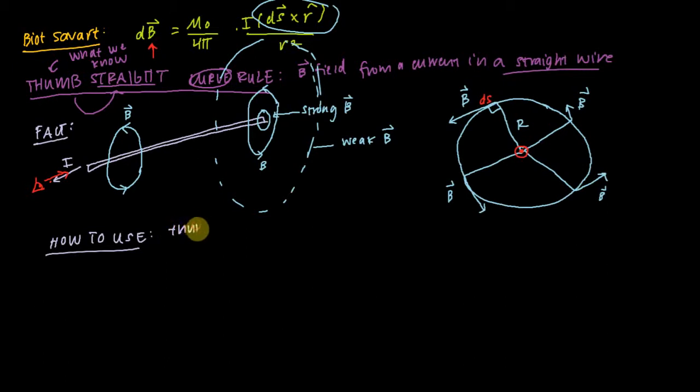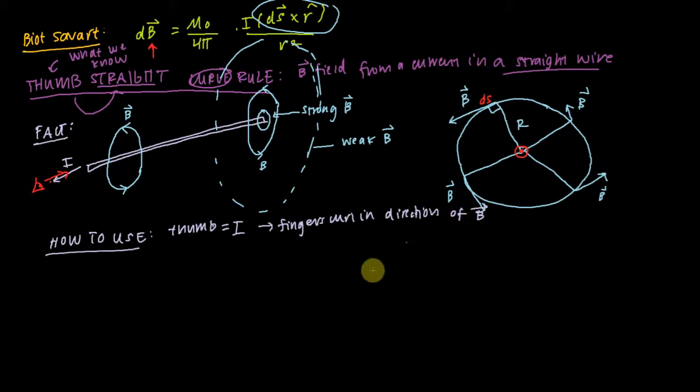So thumb equals current. And then we're going to curl our fingers. Fingers curl in the direction of the magnetic field, or the B field.